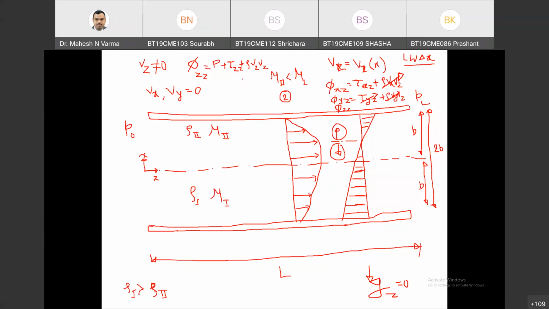Very good. And how about phi ZZ? Sir, phi ZZ will be P into the Kronecker delta, which is 1, plus rho Vz Vz plus tau ZZ. What will be the value of tau ZZ? Sir, tau ZZ will be zero. Very good. So you need to consider only these terms.